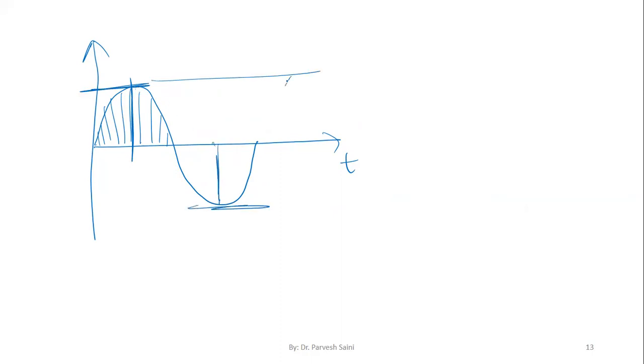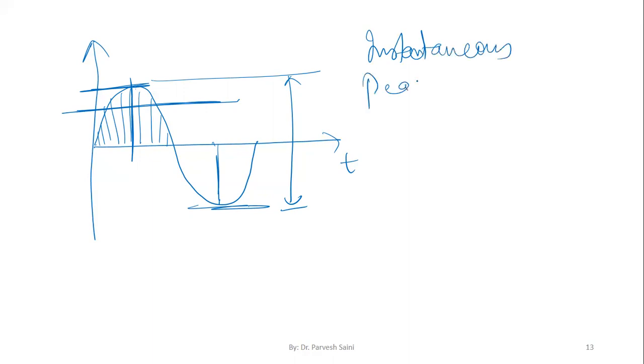It has some average value, which is always determined for one half cycle in case of a symmetrical alternating signal, and it has one RMS value. So we have seen the instantaneous value, peak, peak to peak, and then average.